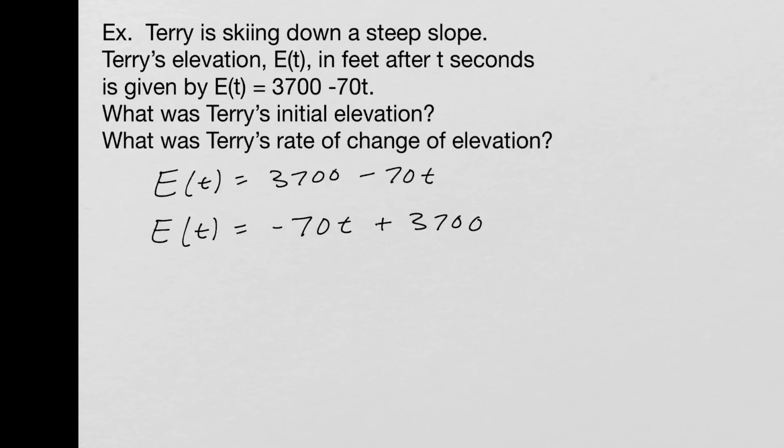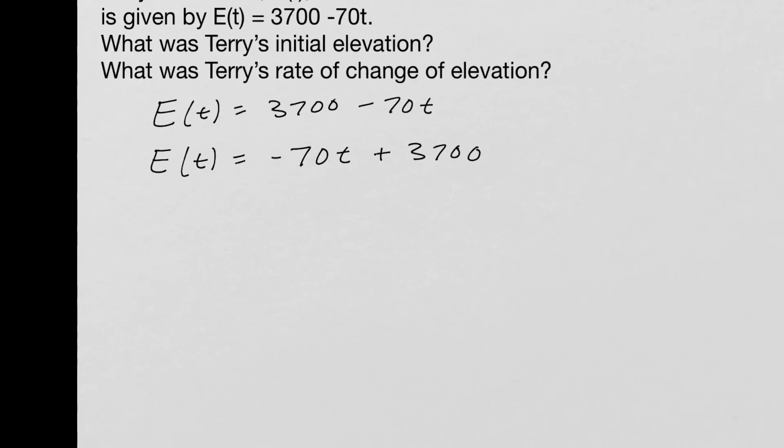So really, these questions just depend on knowing the basic idea of a linear equation, right? Remember, the b represents the initial value. It's the value when t is equal to 0. So if we want to figure out the initial elevation, you could just plug in 0, right?